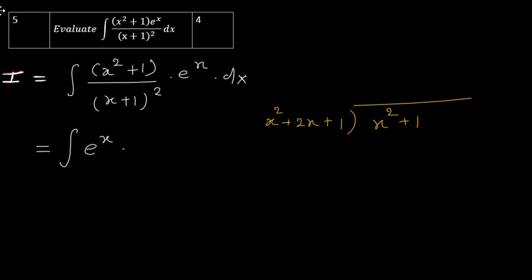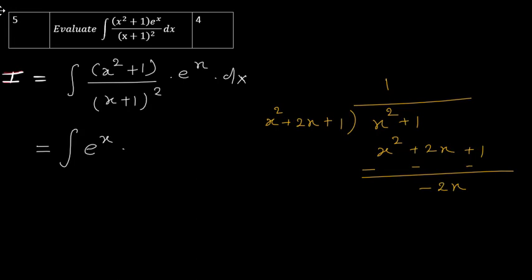So when we divide, here we get 1, into, when I multiply I will get x square plus 2x plus 1. When we subtract, okay, we get minus 2x as the remainder.